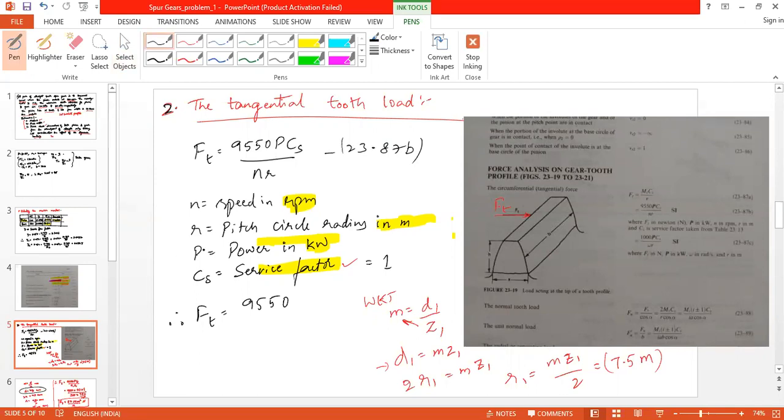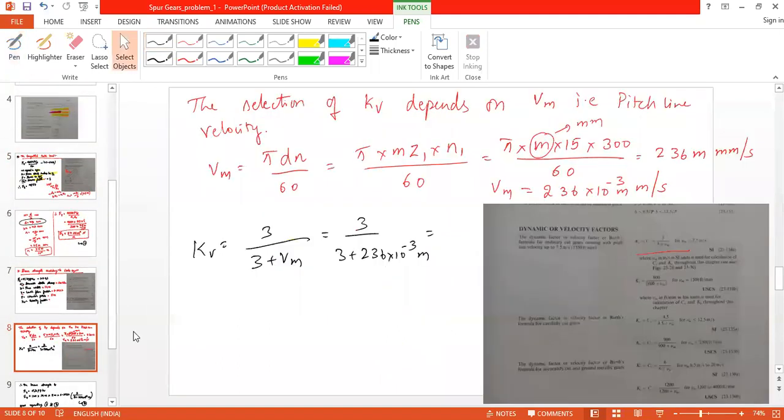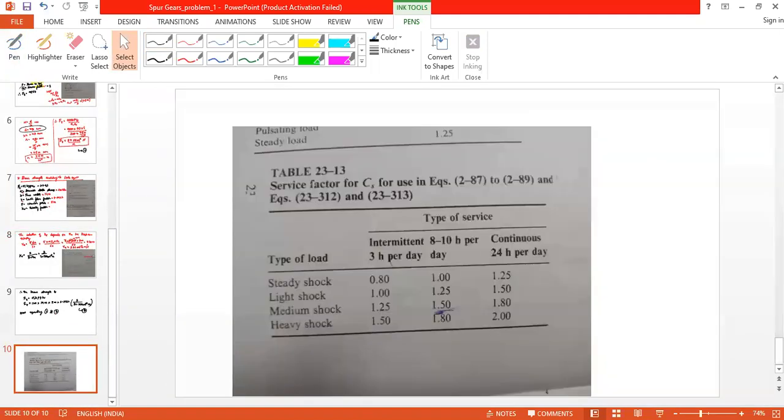Here N is the speed in RPM, R is the pitch circle radius in meters, P is power in kilowatts, and Cs is the service factor chosen based on the operating time and load of the gear.